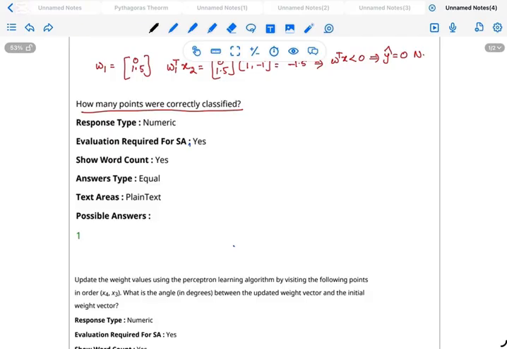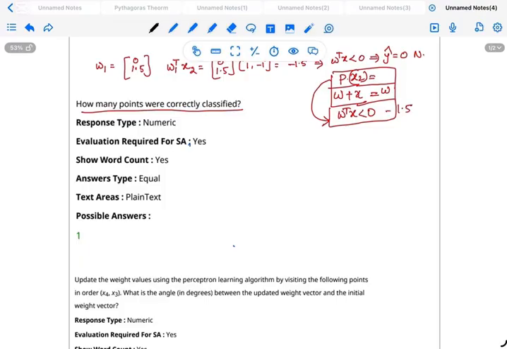That is misclassified. Originally it was positive, but W transpose X is less than 0, that is minus 1.5, which is less than 0.